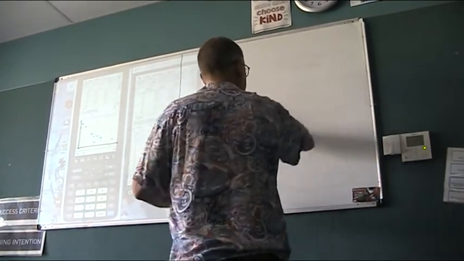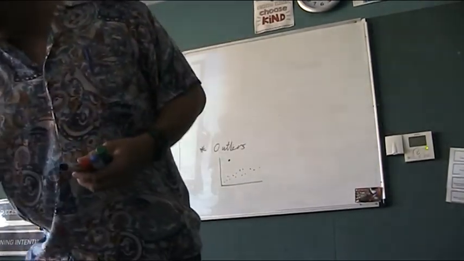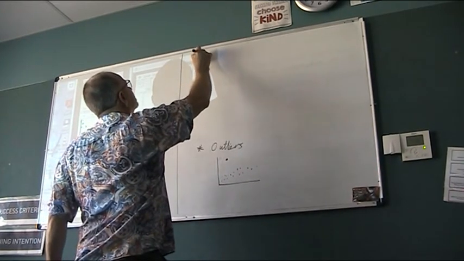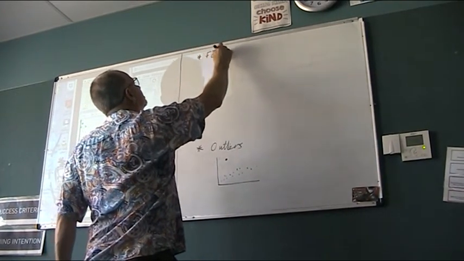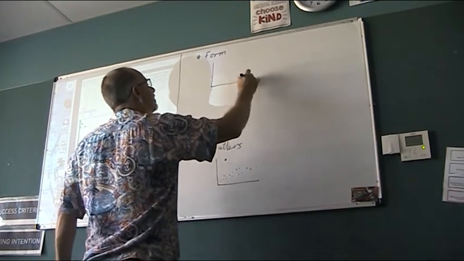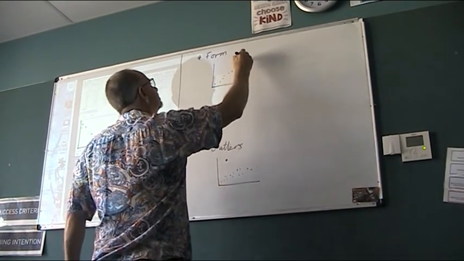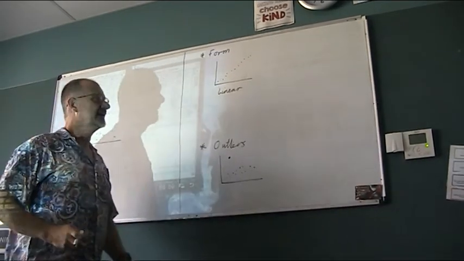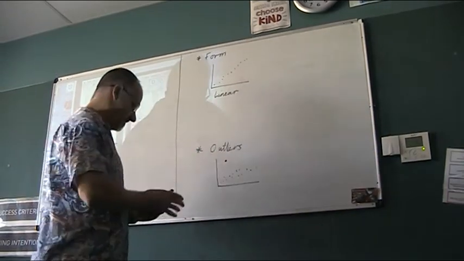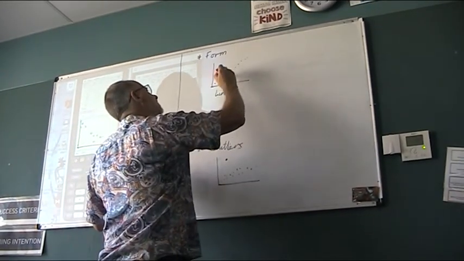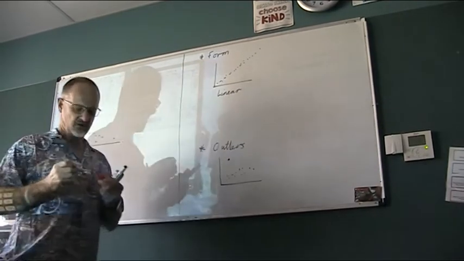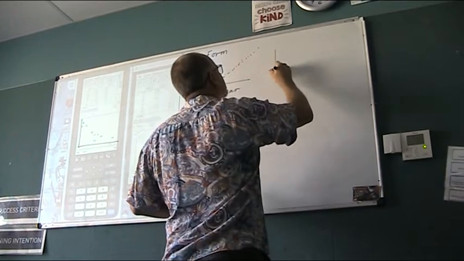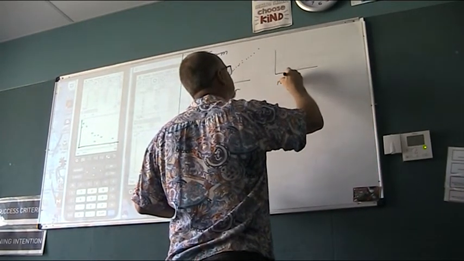All right, the next thing we would look at is what we call the form. So basically, the form: is it linear? That one there, you could put a bit of a straight line through here. It's kind of linear. Or non-linear.